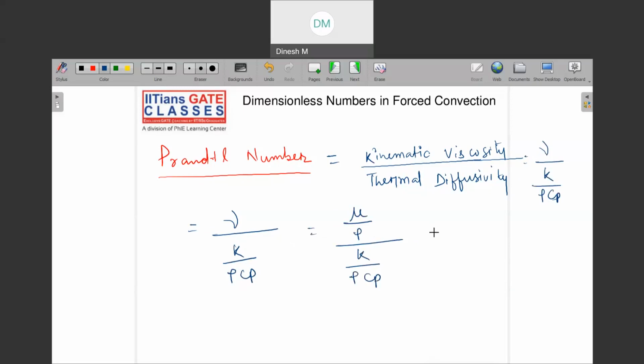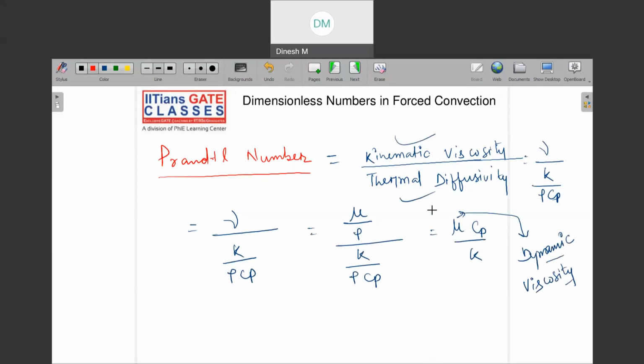So let us cancel out rho and rho. This becomes mu Cp upon K. Again, what is this nu? This is the kinematic viscosity, and mu is the dynamic viscosity. So I hope you understand that it is the ratio of kinematic viscosity and thermal diffusivity.